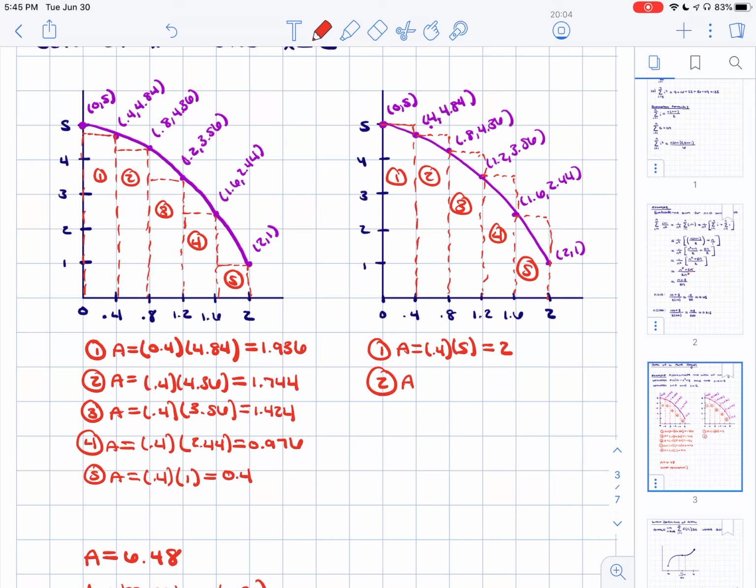Second rectangle, we have 0.4 times the height of this one, which is 4.84, and that's 1.936. Third rectangle, 0.4 times a height on this one of 4.36.